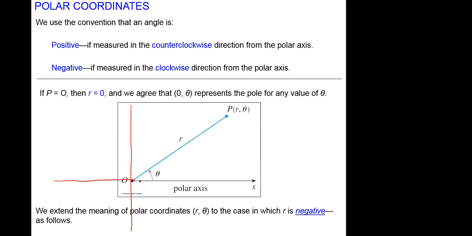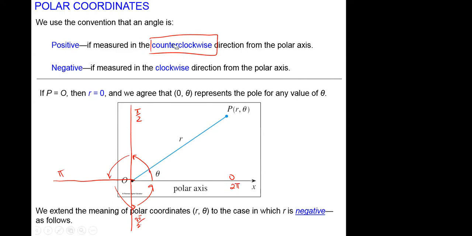Indicating, drawing an angle with a positive angle, we will always go in the counterclockwise direction, like I just did. I can even put this again: 0, 90, 180, 270, and 360, 3 pi over 2 and back to 2 pi.